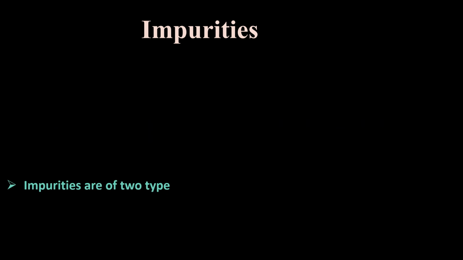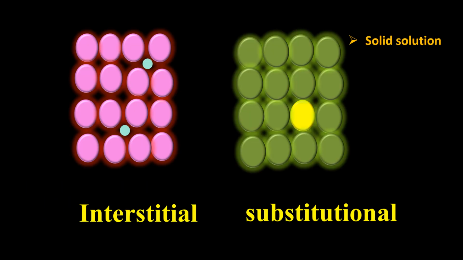So we can divide the impurities into two types. These can be substitutional or interstitial impurities. Here we are going to discuss both these kinds of impurities. Before discussing interstitial and substitutional impurities, it is very important to discuss another terminology, which is solid solution.